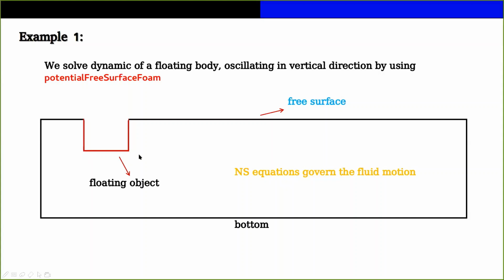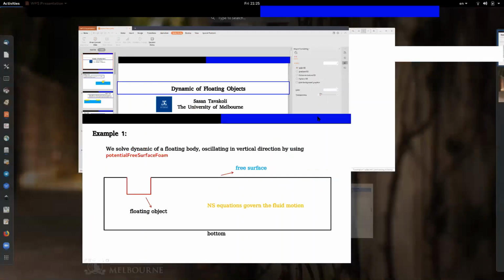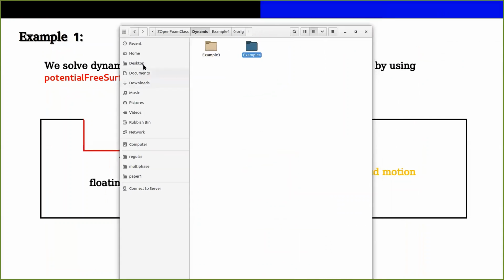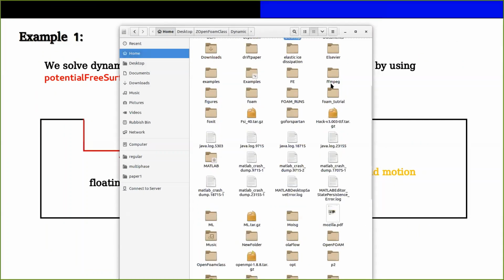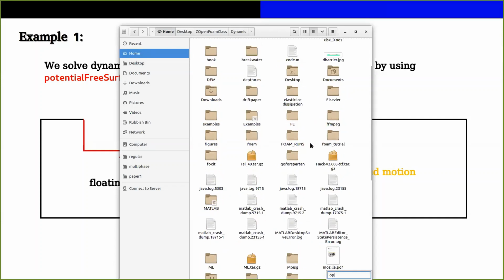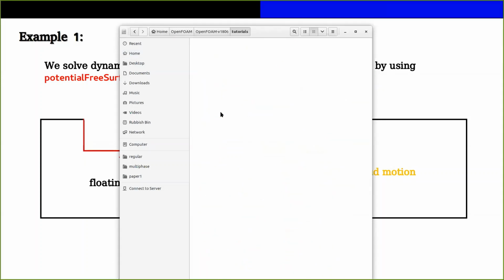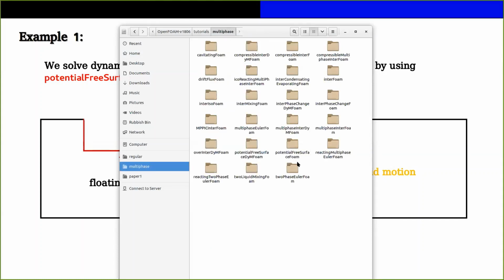There is an example in OpenFOAM called oscillating box, something like that. I can show you where it is. This is here, in multiphase.